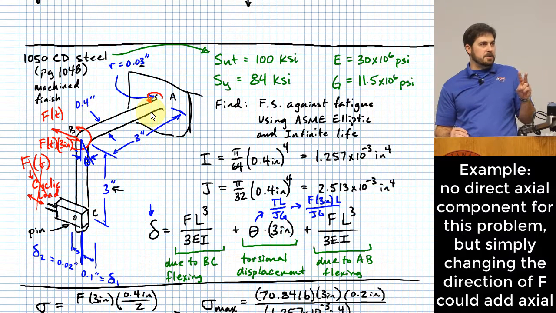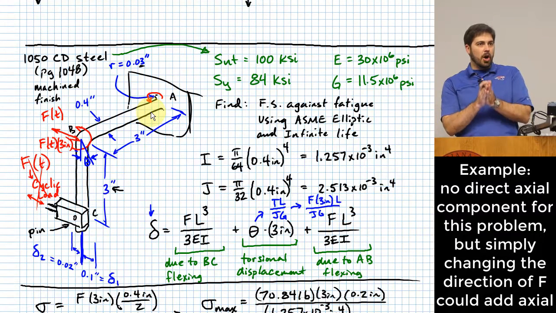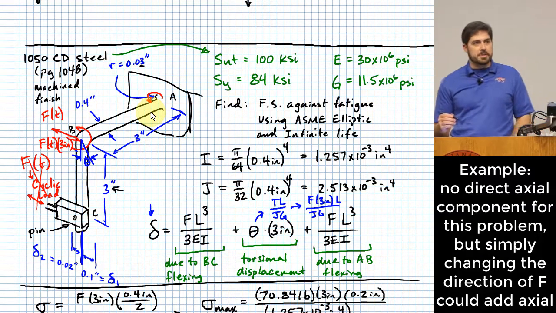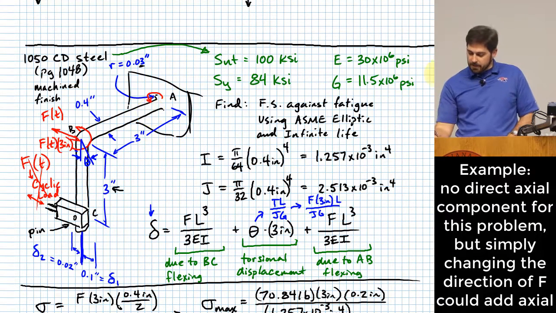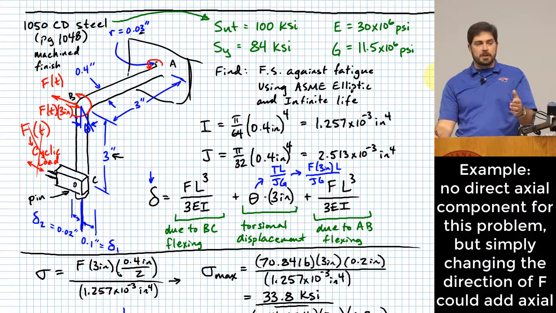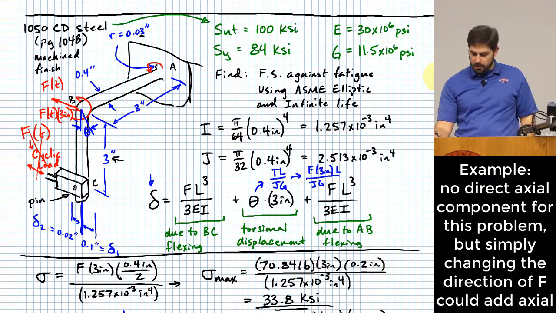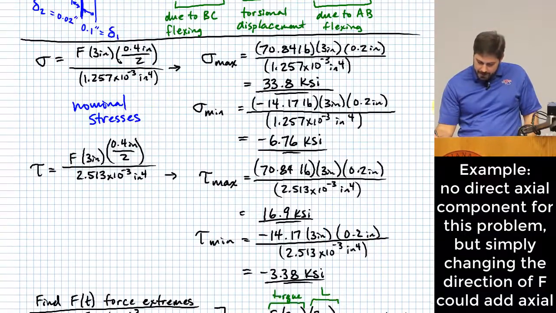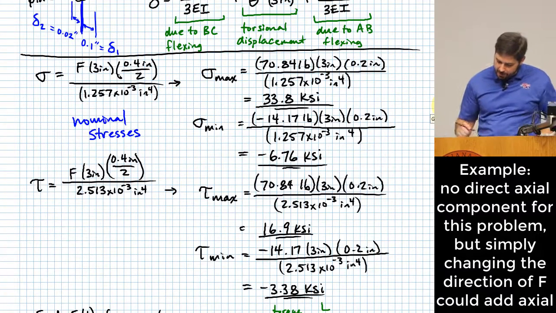That would have complicated this problem significantly, because we would have had to handle all of those deflections as well in the first part of the problem. So it's one of the reasons I chose not to do that. But that's giving you a reasonable scenario where you could end up with an axial load in one of these things. All right. So, yes, we want to find mid-range and alternating.